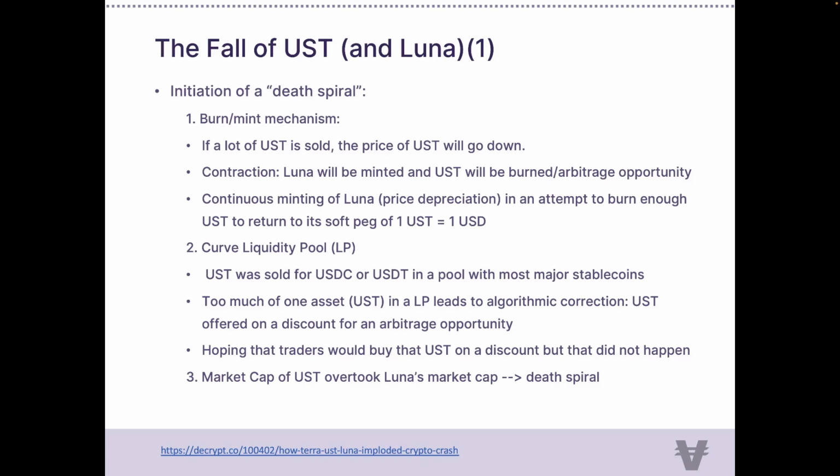But if Luna is worth less, then you cannot cover and buy up all that USD with Luna. So this initiated the death spiral, and of course, the Luna network pretty much failed. There are some other factors, of course. I tried to simplify it as much as possible.